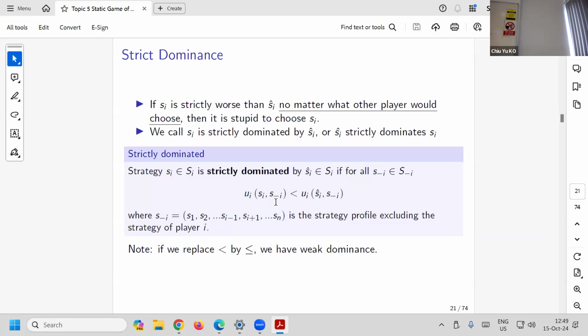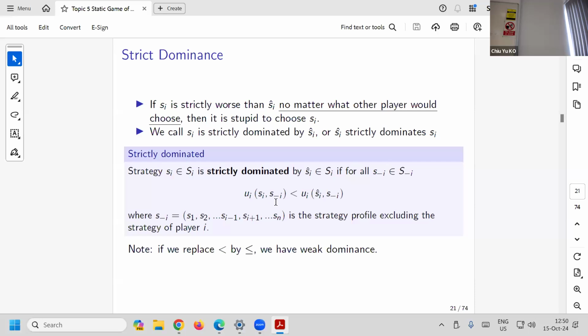So formally speaking, it's like this. Given the strategy S_i, it is dominated by another strategy S_i hat if, for all possible cases of S_minus_i, that is, what other people choose, all other possible scenarios, S_i hat is strictly better.